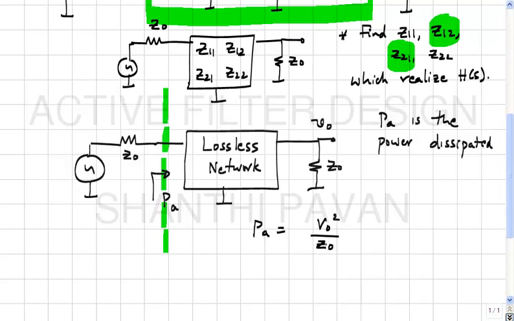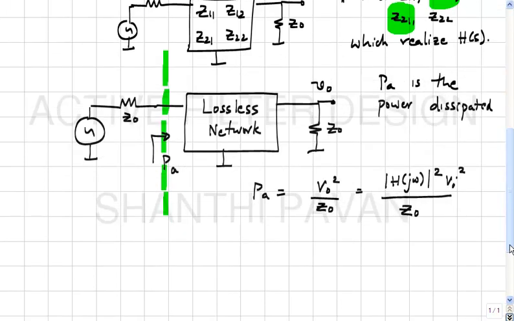And what is Vo square? Is nothing but mod H of j omega, the whole square, times Vi square divided by Z. Correct? So what is so profound about this?